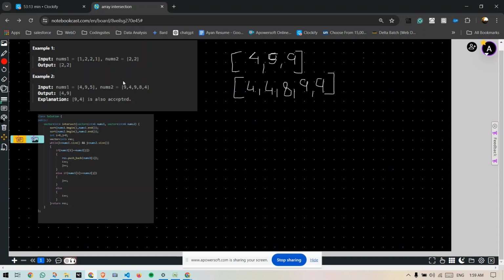So if the size of the first array is m and the size of the second array is n, your time complexity for that approach would be m into n, that is O of m into n for a brute force approach.